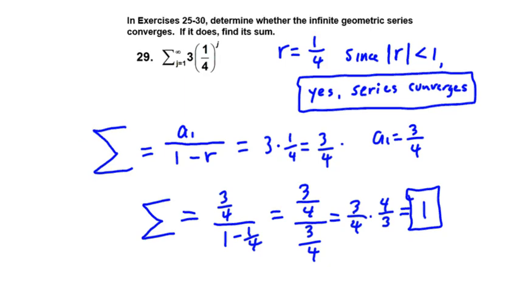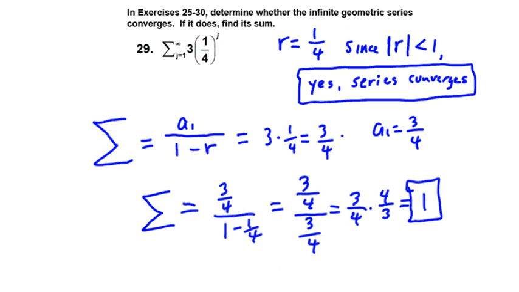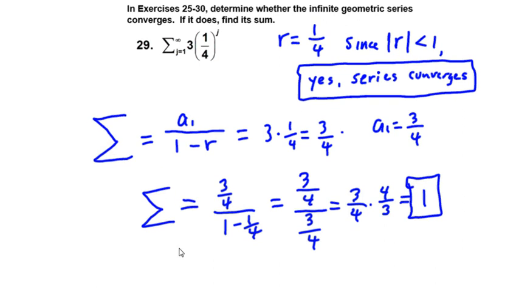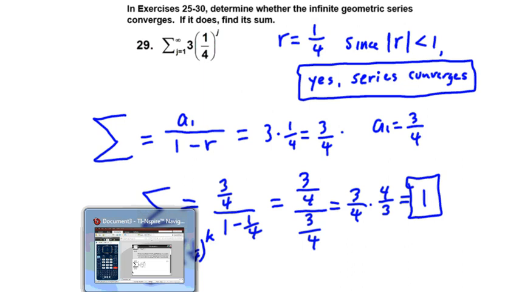And again, we can do this in our calculator. I think I'll just try that. We'll say K equals 1 to infinity, using a real large number, 3 times 1/4 to the K. This time I'm going to use a smaller number and see what we get.